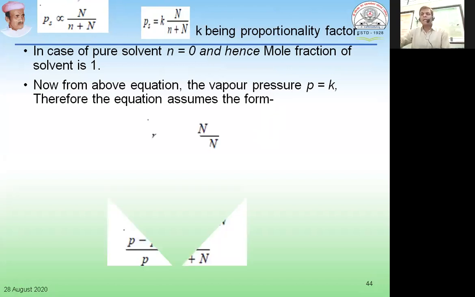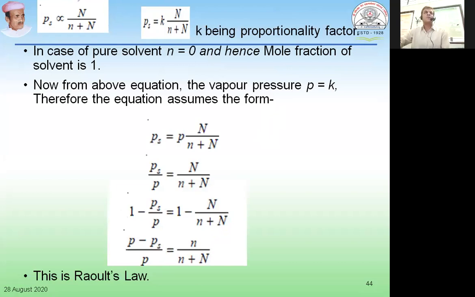Putting this value of K into the equation Ps is equal to K into mole fraction of the solvent, we get Ps is equal to P into mole fraction of the solvent. The P on the right hand side we bring into the denominator on the left hand side. So we get Ps upon P is equal to mole fraction of the solvent.